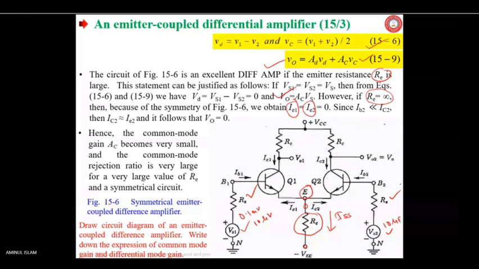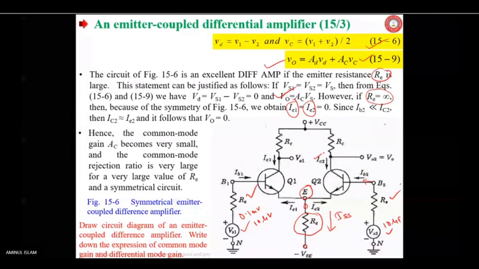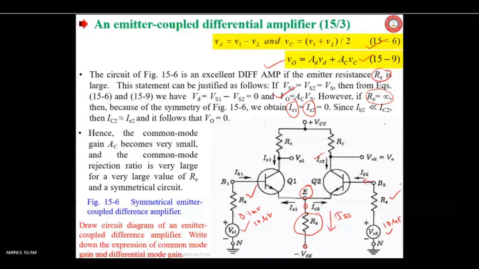This IB2 is much less than IC2. Normally the base current IB is much smaller than IC2. Then IC2 will be almost equal to I2. It follows that VO will be 0. Basically, there is no current.